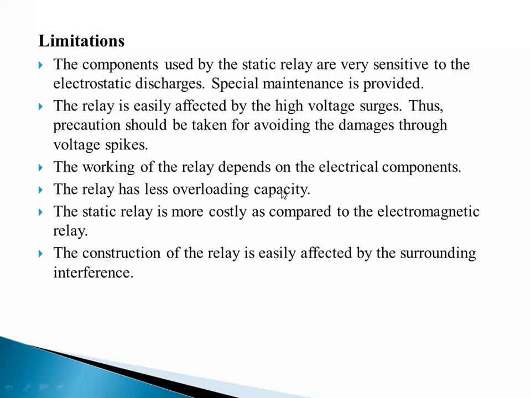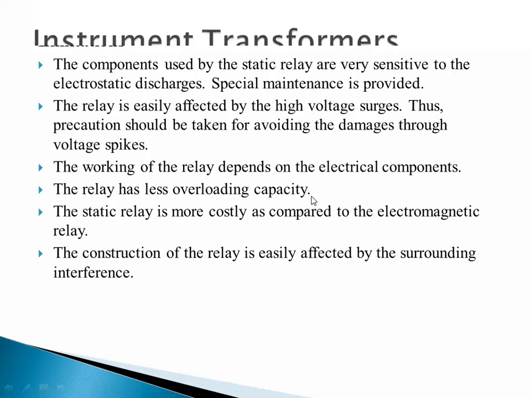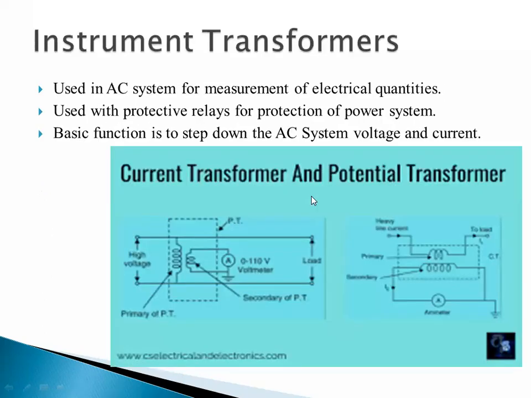Whatever that voltage is, it is decreased by the potential transformer, or voltage transformer, up to 110 volt only, means these voltages are measurable. From that we can calculate the transmission line voltages and current. So for this purpose these instrument transformers are used.